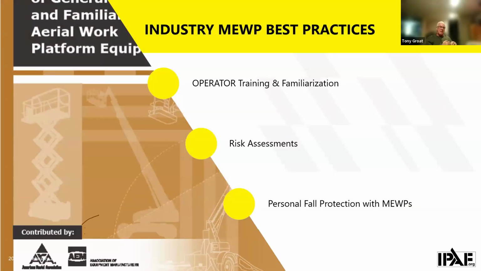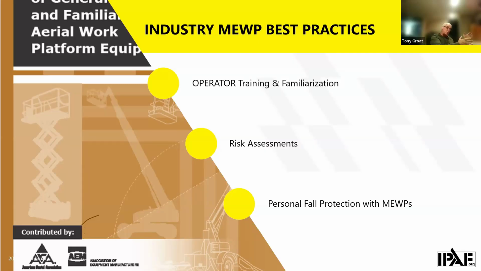So in the back, this picture you can see along the side is a picture of one of the existing best practices. And these were contributed by multiple industry associations. We're going through a new revision of all 3 of these best practices, and my expectation is we should get these out this year.